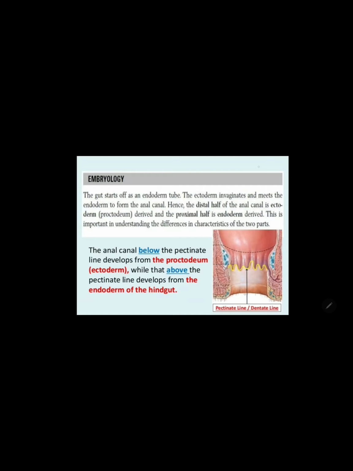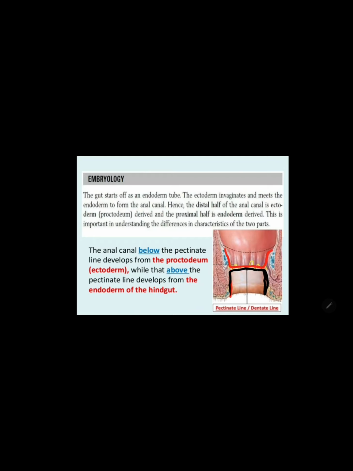So coming to the embryology, this anal canal is a part of the gut tube which is derived from both endoderm and ectoderm. The ectoderm will invaginate from below. The part which is here, this much part, is derived from the endoderm, and the lower part here is derived from the ectoderm.